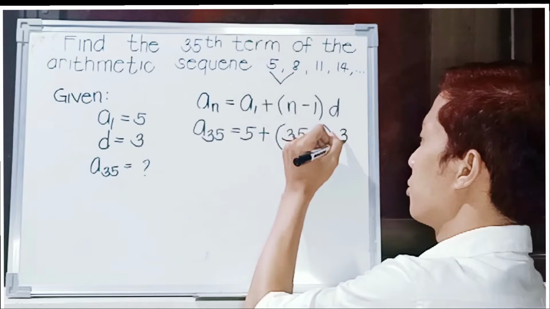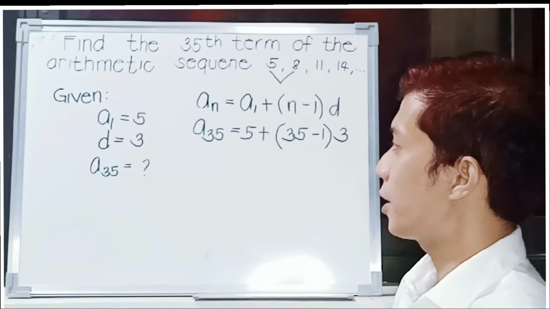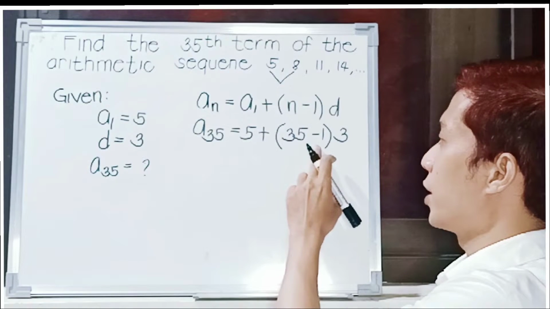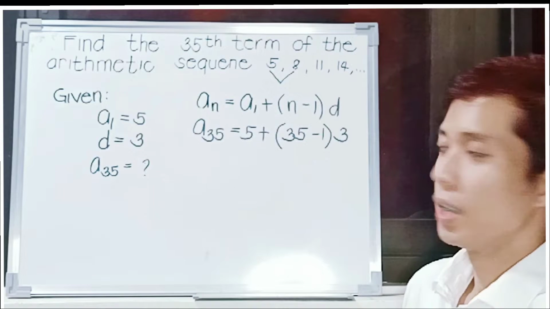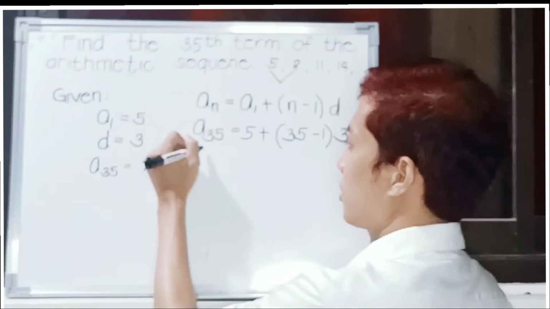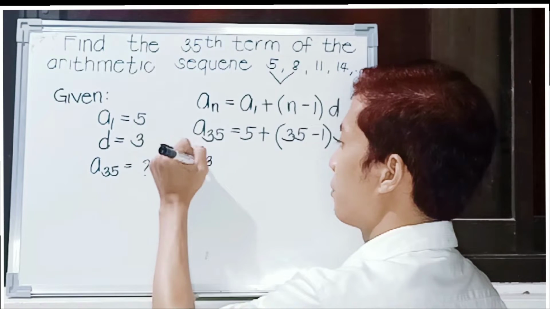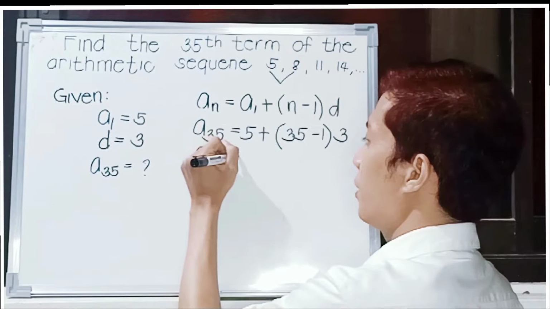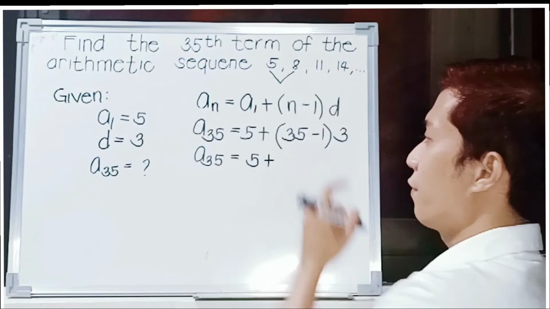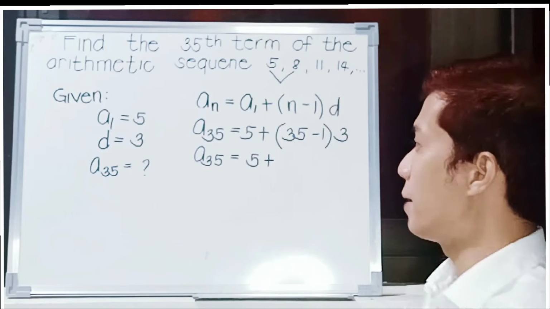So substituting 3, we now have a sub 35 equals 5 plus quantity 35 minus 1 times 3. First, subtract 35 and 1. Let's continue. A sub 35 is now equal to 5 plus 34 multiplied by 3.